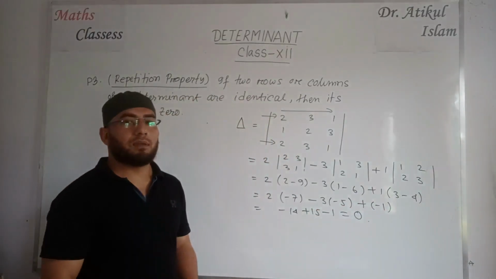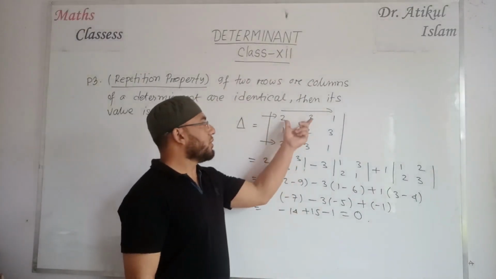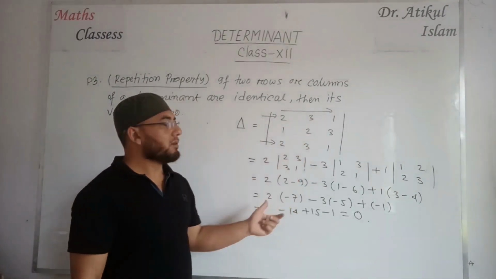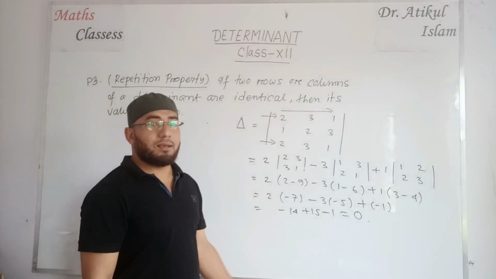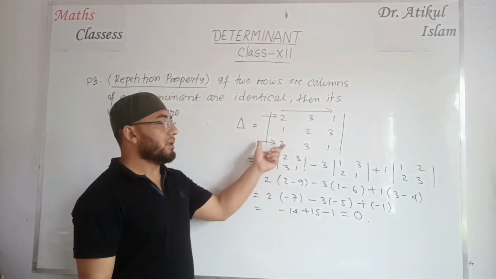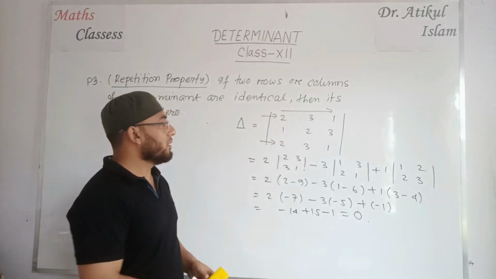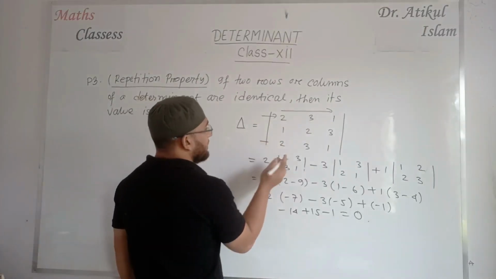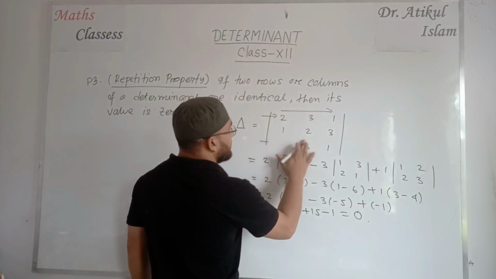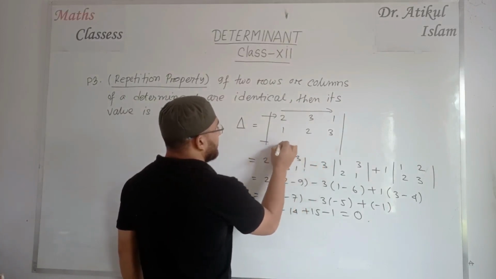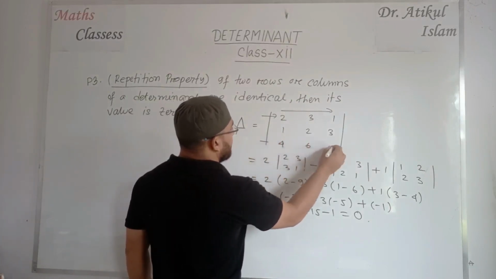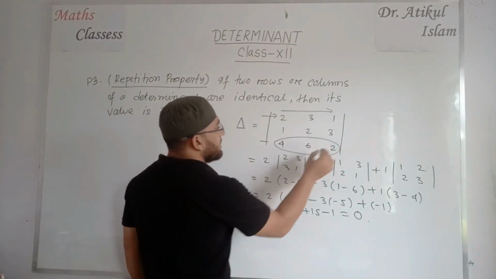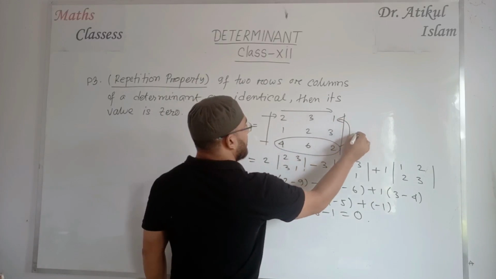So in this way, whenever any two rows are identical, the determinant value is 0. Or even if there is a multiple, suppose here is 4, 6, 2. So this row is a multiple of the first row.